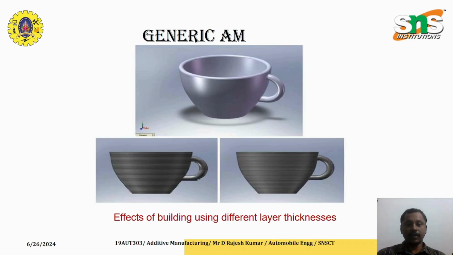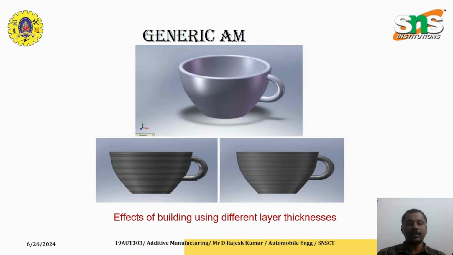This is about the difference in layer thickness. You can see the first image at the top is the CAD model, and the second and third images at the bottom show how layer thickness is involved in the finishing of the product. You can see the surface finish of the product.